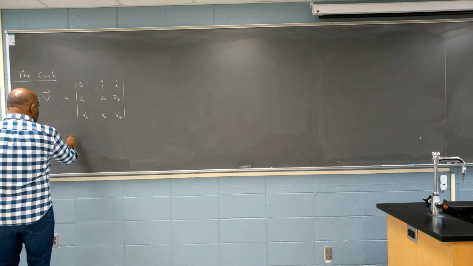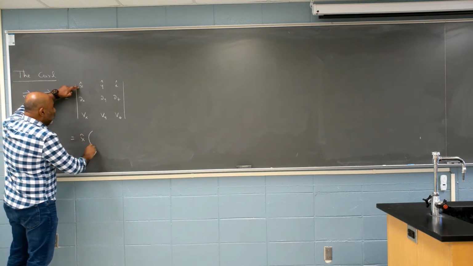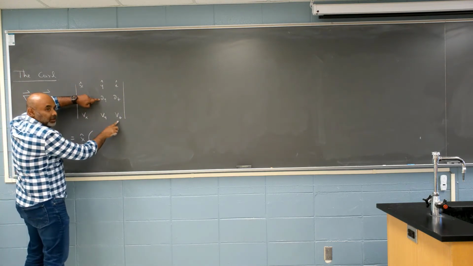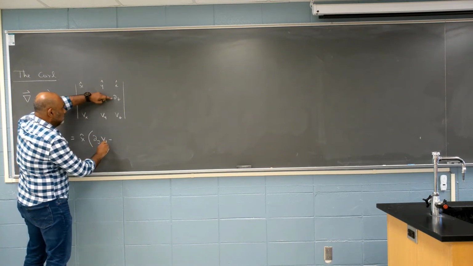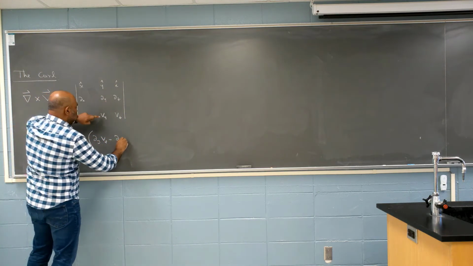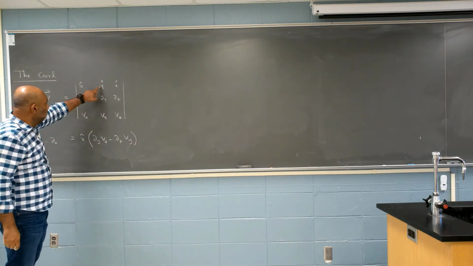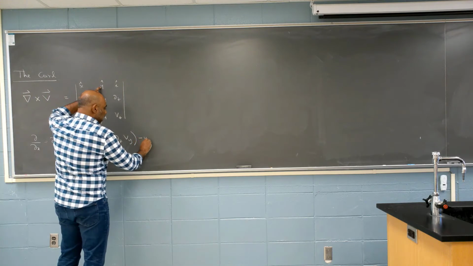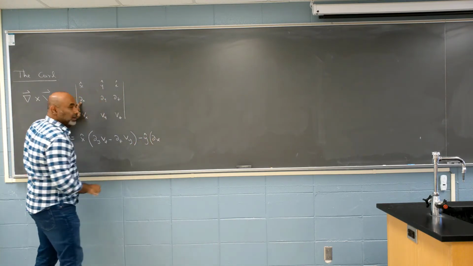Well, you know what that means. Start off with the x hat, open parentheses, this acting on that, minus this acting on that. Then, because it's the second one, you put a minus y hat, dx acting on what?